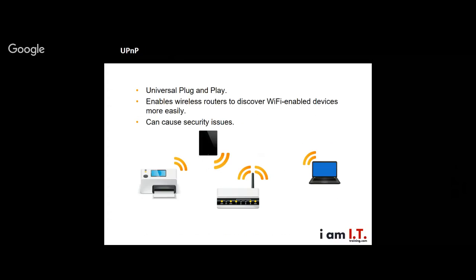UPnP. Well, you probably know what PnP means, but you probably haven't heard the U in front of it. And this just stands for Universal Plug and Play. It's built into most wireless routers and most of our devices at this point. But just on the networking side, this is what allows our computers and printers and other devices to be really easily discoverable by our router.